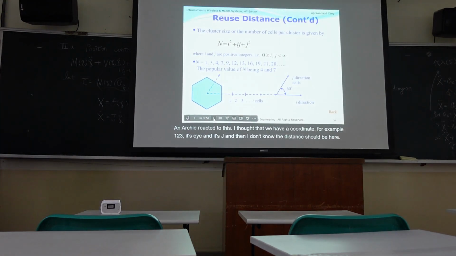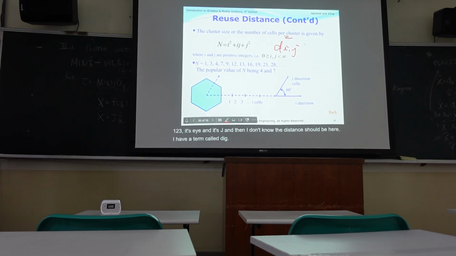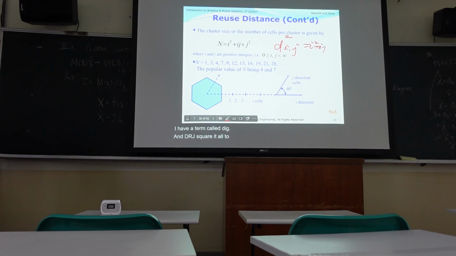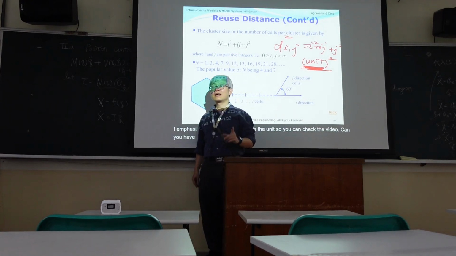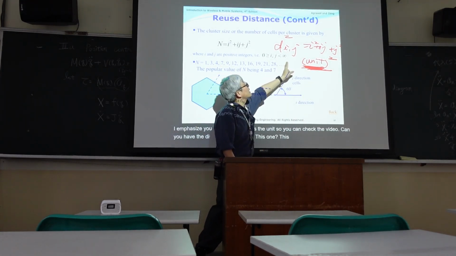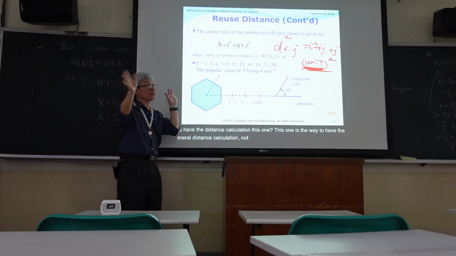I have a term called Dij, and Dij square equals this, and then multiply UV square. I emphasize you should find positive UV. So you can check the video, can you have the distance calculation? This one is the way to have the general distance calculation, not the previous capital D.